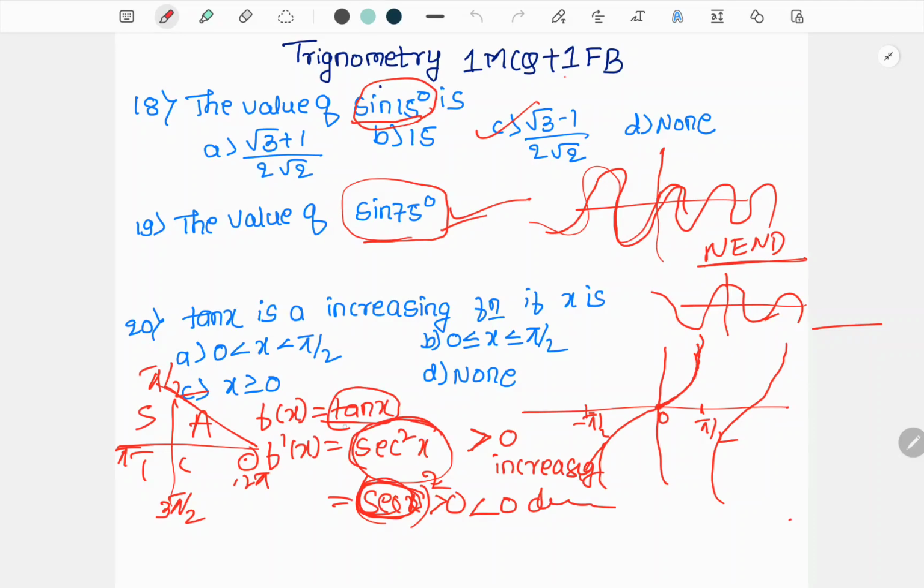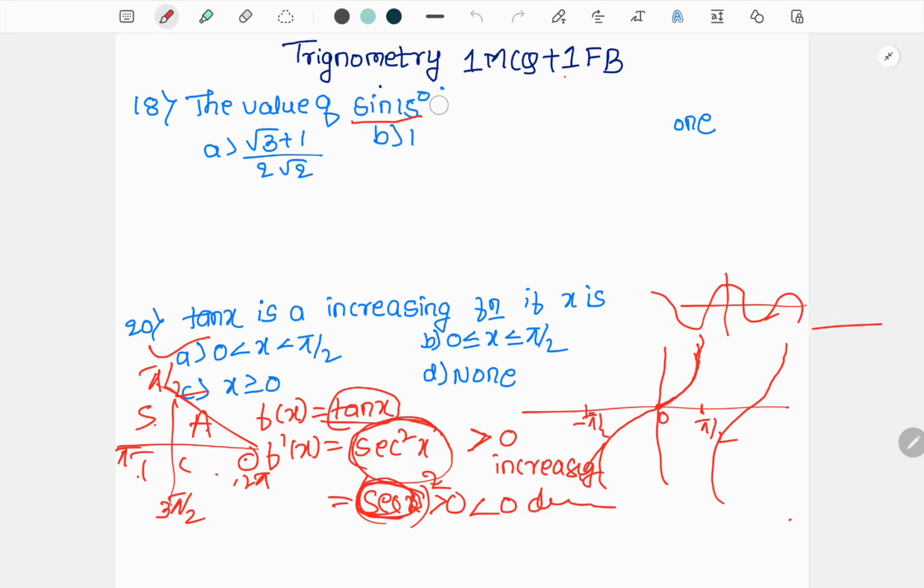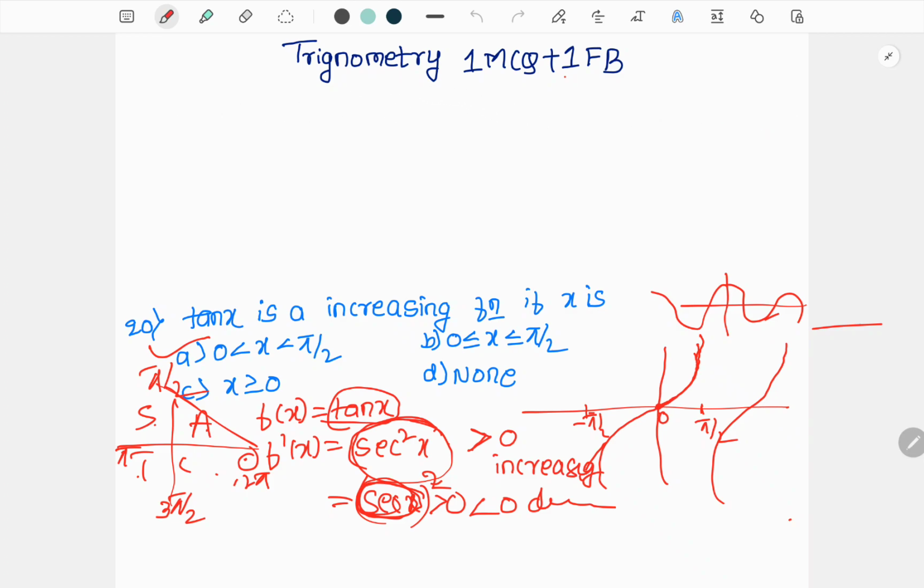So tan is increasing in the first, second, third and fourth quadrants. Here the first quadrant is available. That is the required answer. Another thing is, you may ask, sir, why strict inequality? Because students, at this endpoint pi by 2, tan pi by 2 is not defined. That is why. So this is the correct answer.